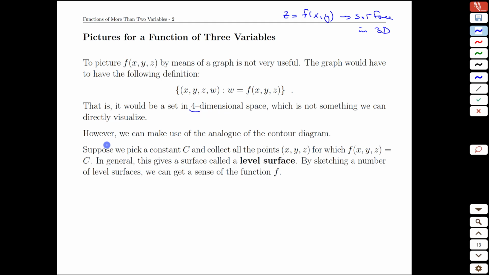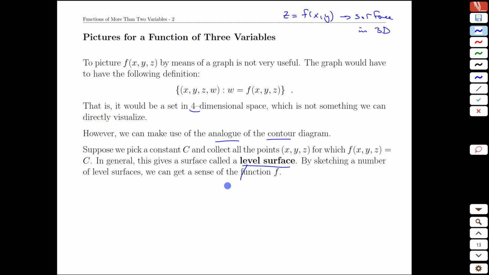However, if we want to get some kind of visual sense, we can use an analog of the contour diagram. And this is the idea of picking some value of c, and that's going to represent, I like to think of it as temperatures again. Think of all the points that have the same temperature. Well, that would just be a collection of points in 3D, and that would be a level surface.